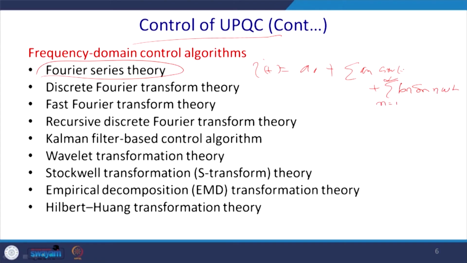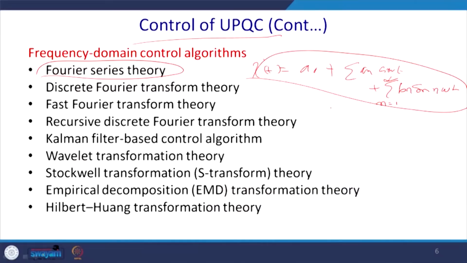From there, by trial and error, or maybe by training an ANN, you try to take out the roots, because you know what kind of load it is. If you know that you have a 6 pulse nonlinear load, then your harmonic content will be 6n plus minus 1, so you estimate that.